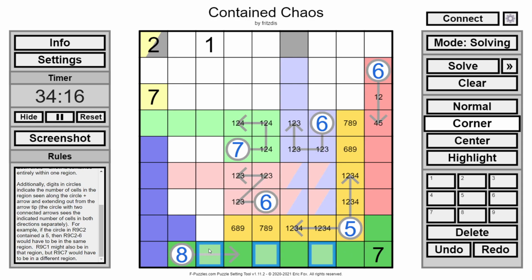Can't go here because 6 would put a 2 on here, and we've said before that this cell can't be a 4. Sorry, it can't be a 2. Where did the 4 come from? It can't be a 4 either, I guess, but I meant to say 2. Neither of these can be 6, so we've limited 6 to one of these 3.